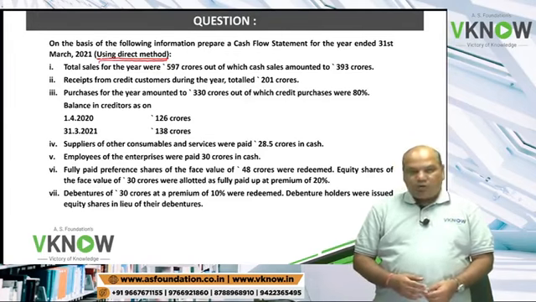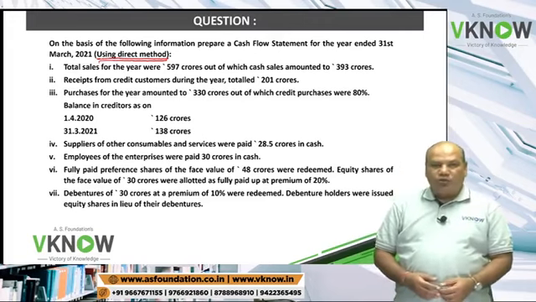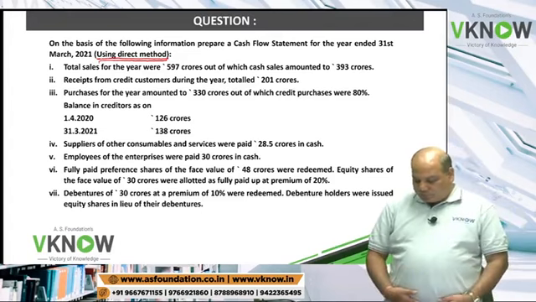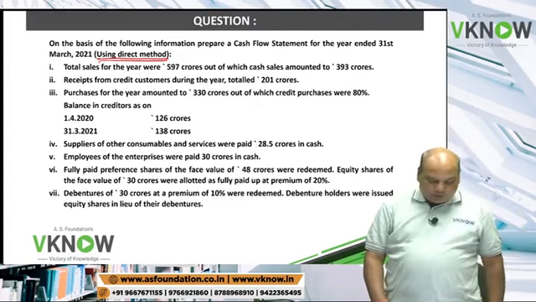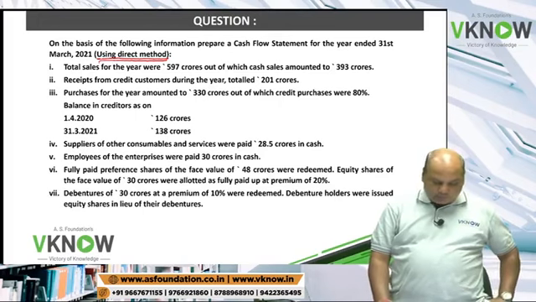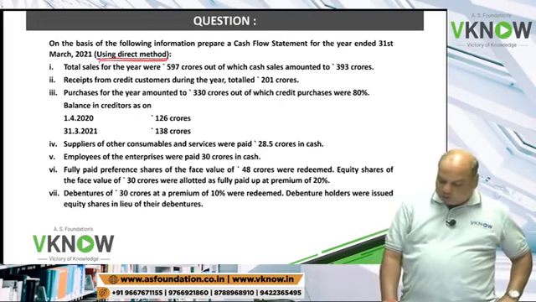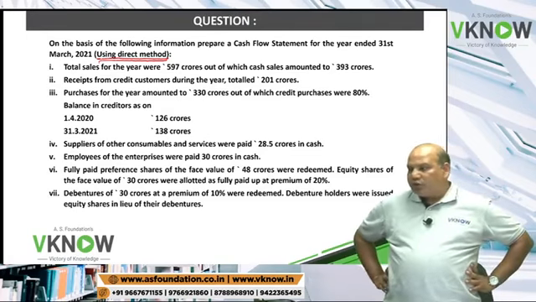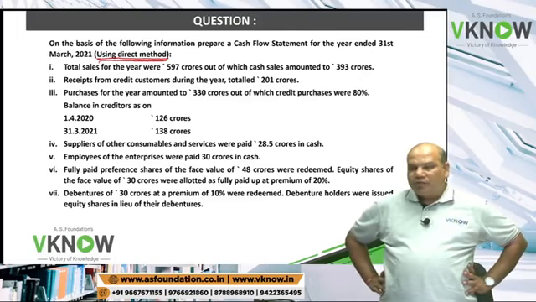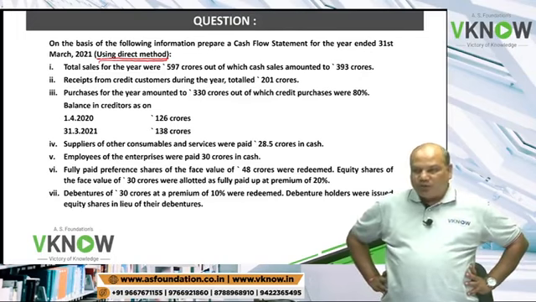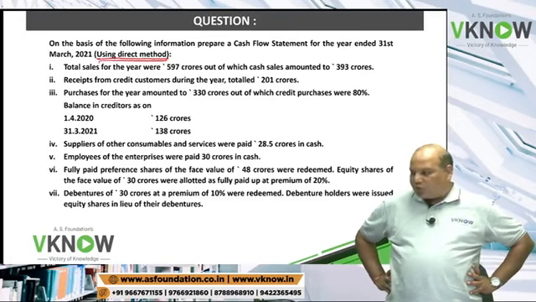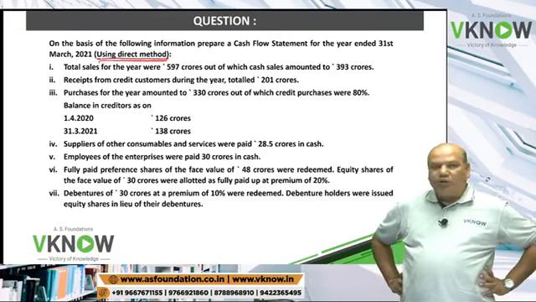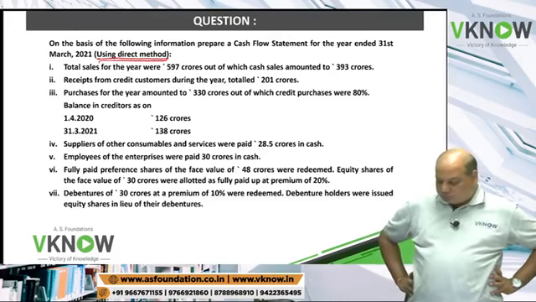Point 4, suppliers of other consumables and services were paid rupees 28.5 crore in cash.